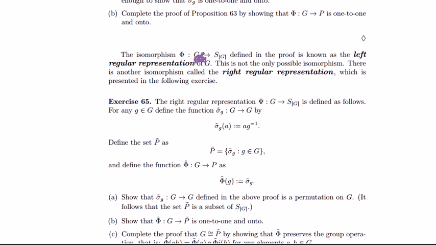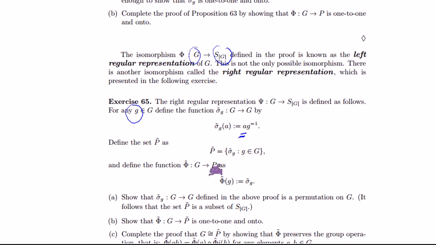Now, we've seen before that 2 groups can be isomorphic in more than one way. This isomorphism takes G to a subgroup of S of order G. Now there's another possible isomorphism. I can associate each group element G with the following operation: multiply an arbitrary group element by G inverse on the right. Okay. This will also give me a permutation of the group elements.